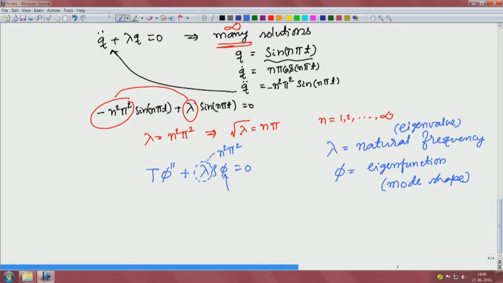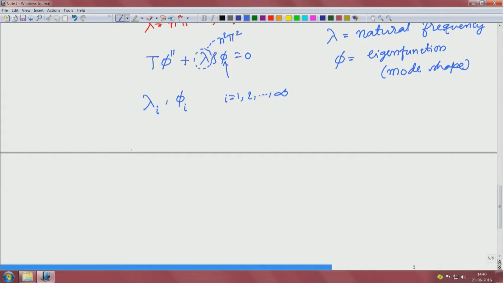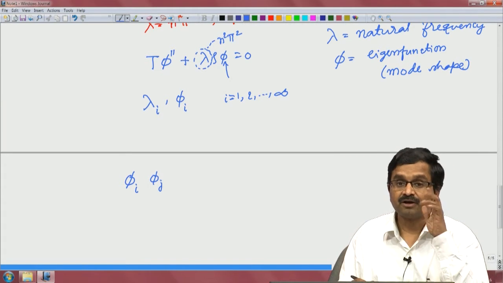So, these phis, just like lambdas, we have lambda i, where this i goes from 1 to infinity, and phi i, there are infinite ones. And they all have special properties. What are those properties? That any two of these, let us say I take phi i and phi j, are orthogonal.